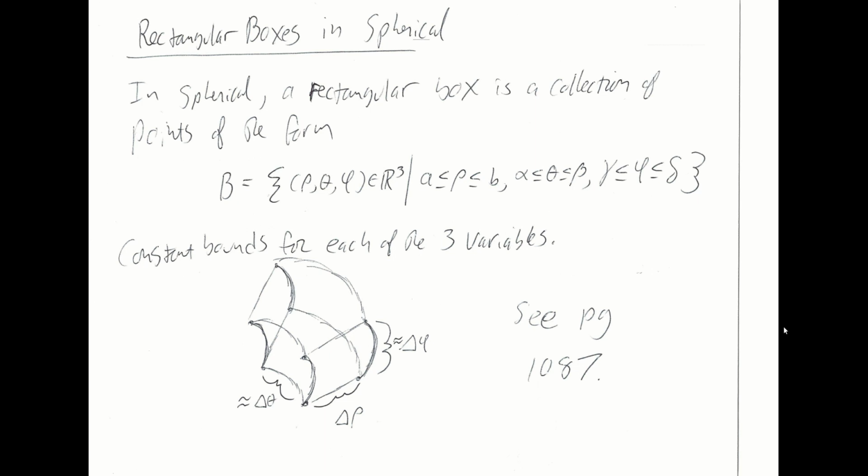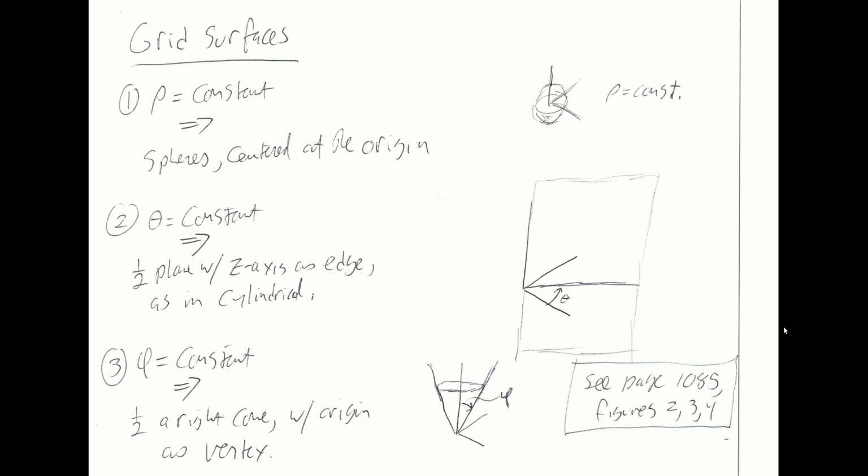Pictures are helpful. Let's think about grid surfaces, our counterpoint to rectangular boxes. So we're going to take each of these variables and set them equal to a constant and see what type of region that represents in 3 space. And that will again give us some sense of how spherical divides up 3 space, thereby giving us some sense of which types of regions are best represented in spherical coordinates.